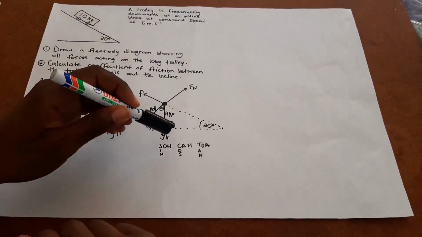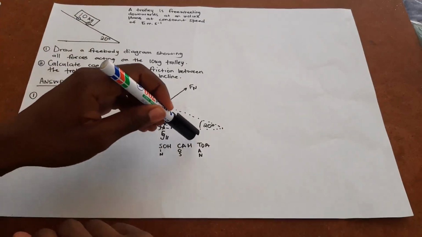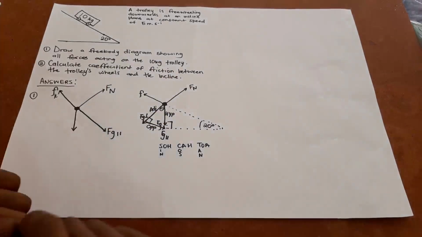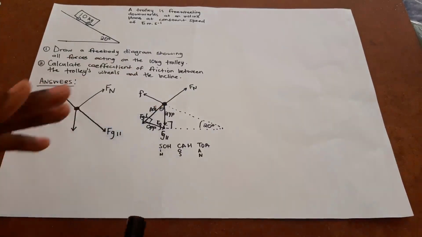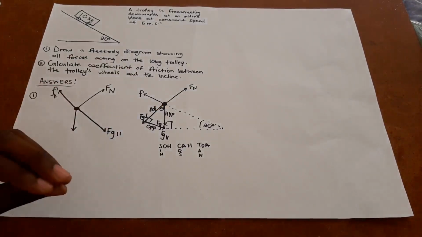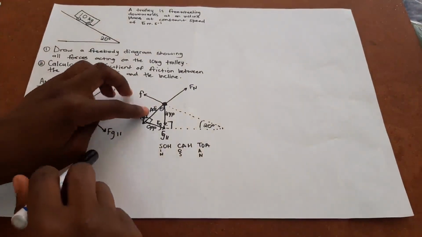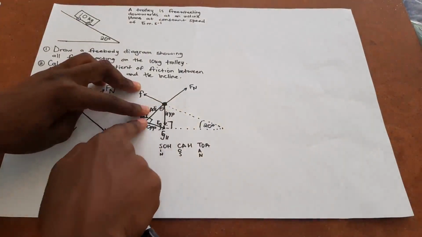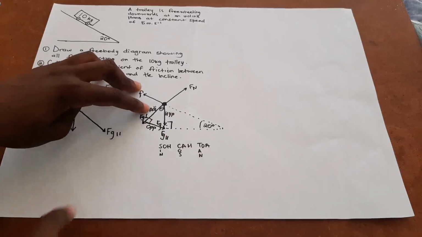Opposite and hypotenuse give us sine, adjacent and hypotenuse give us cos, opposite and adjacent give us tan. So my question to you: angle theta is between what? Between the adjacent side and the hypotenuse side, meaning it is formed by these two.